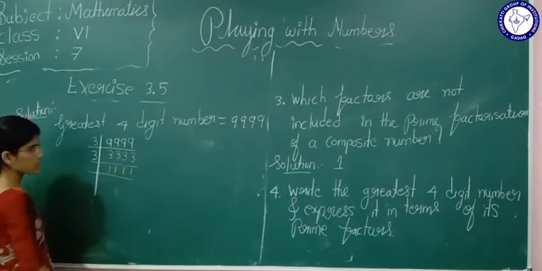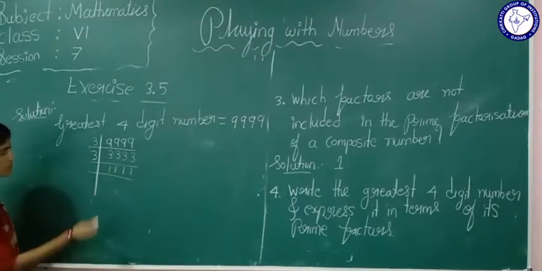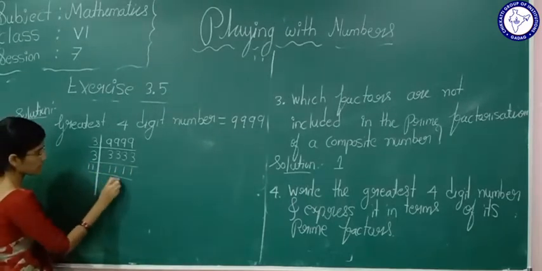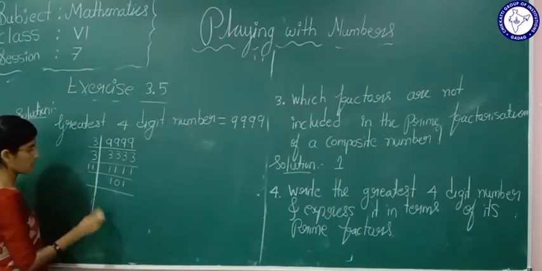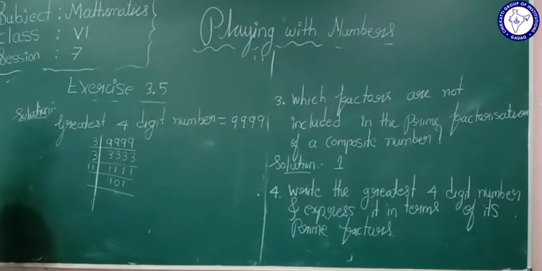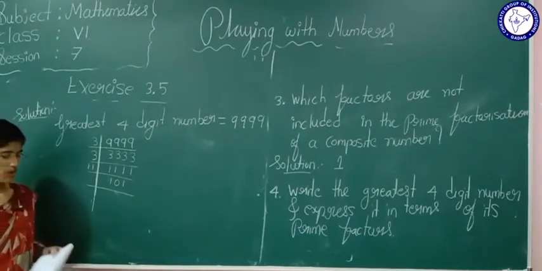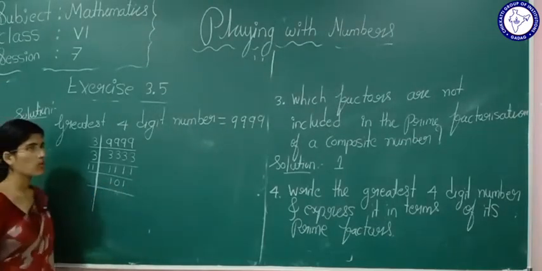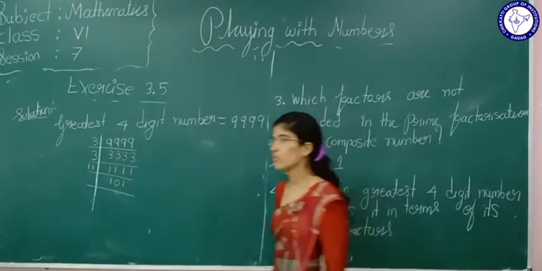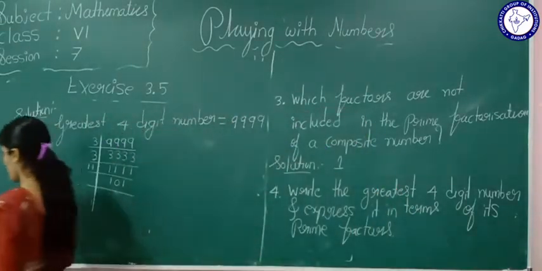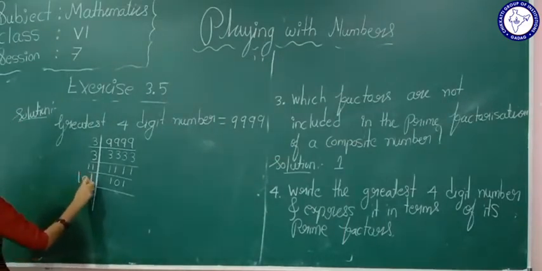Again this number is divisible by 11. Now see here, 11 ones are 11, 0 will come, 11 ones are 11. Again 101, can we divide it? No. So what will we do? 101 ones are 101.